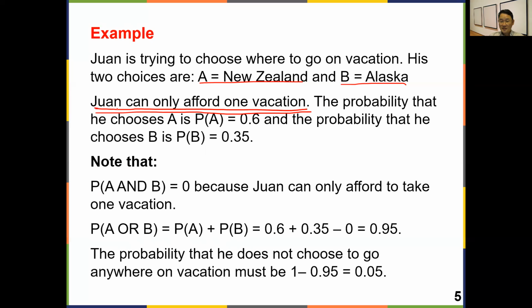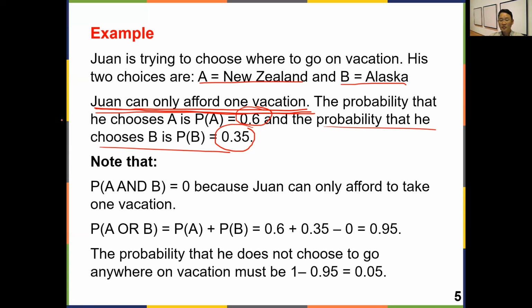That's what this sentence is indirectly saying. So the probability of going to A, which is New Zealand, is 60%. The probability that he's going to go to Alaska is 35%.